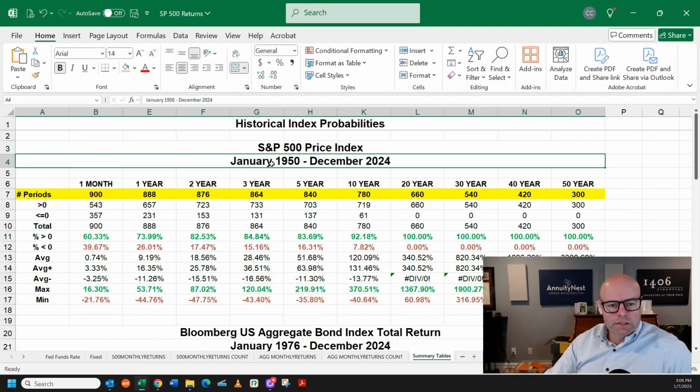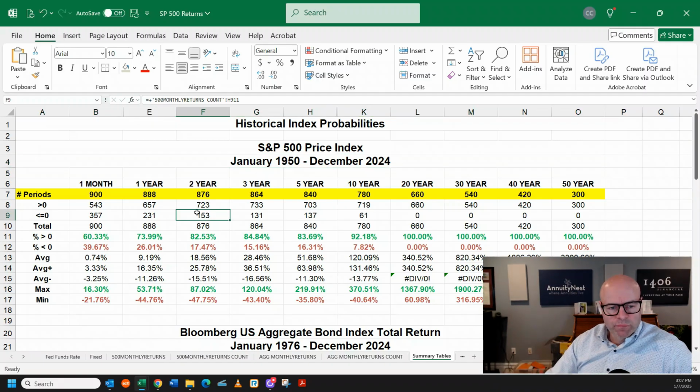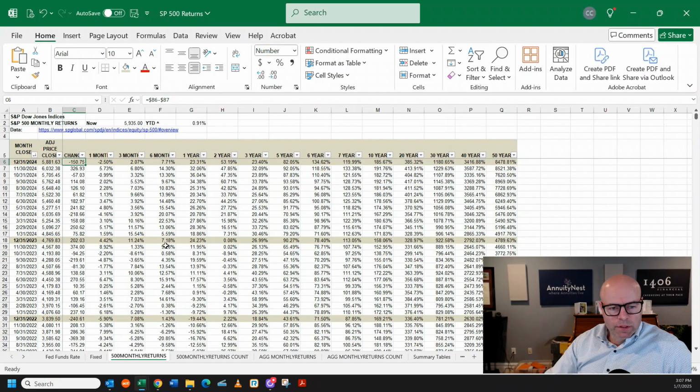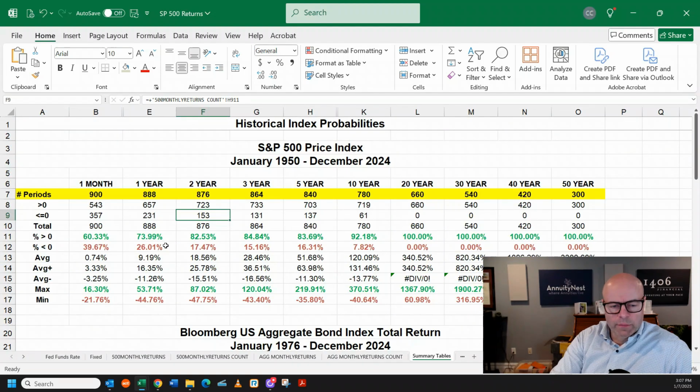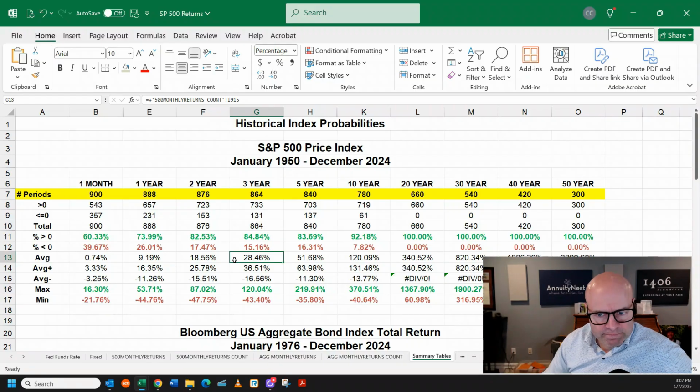And it's from January 1950 to December 2024. And I put it into a spreadsheet, and I calculate the changes over different time periods: 1 month, 3 months, 6, 1 year, 2 year, 3 year, 5, 7, 10, 20, etc. And I put it into a summary table here, and just try and conduct some analysis.